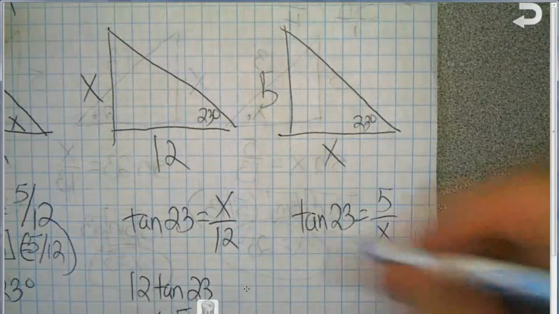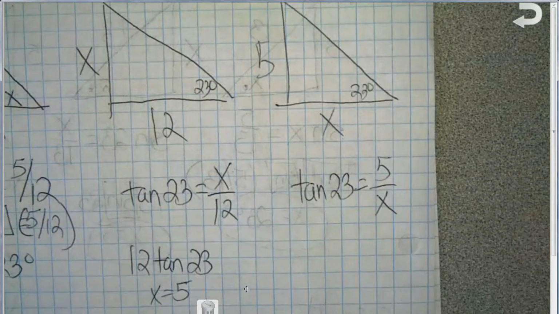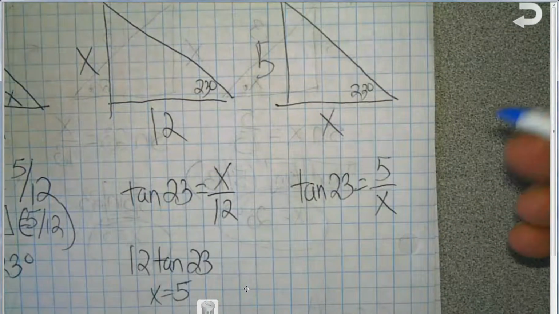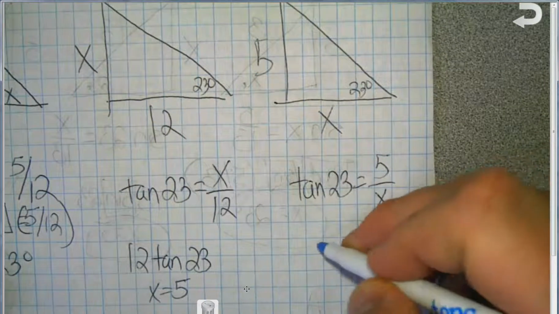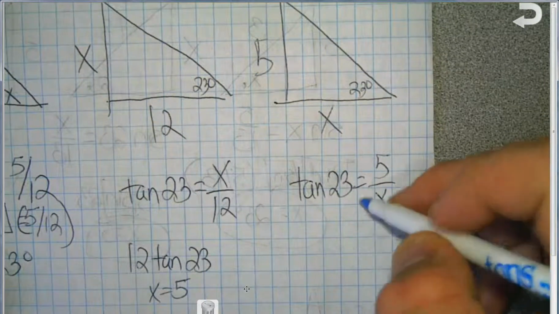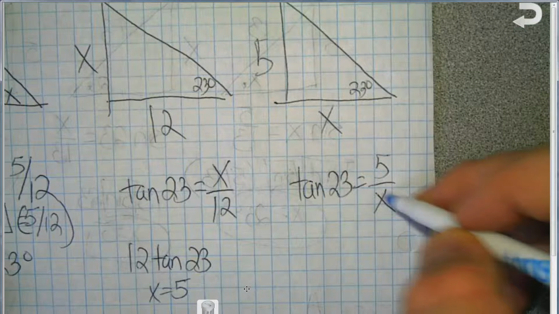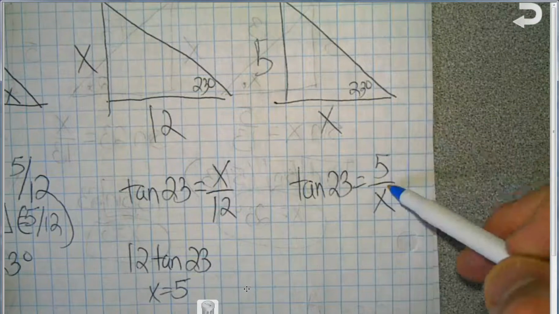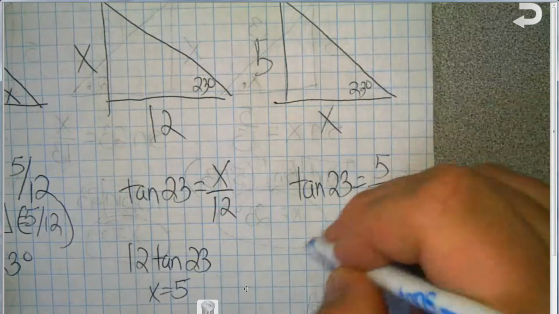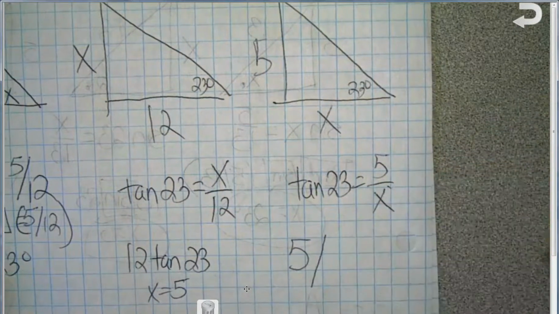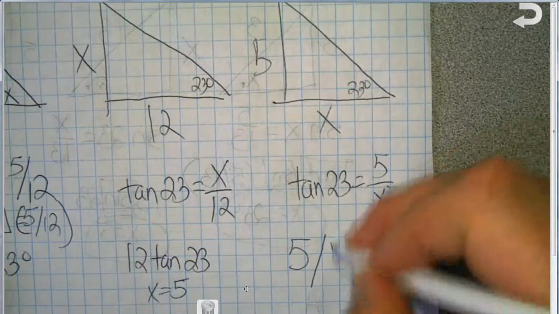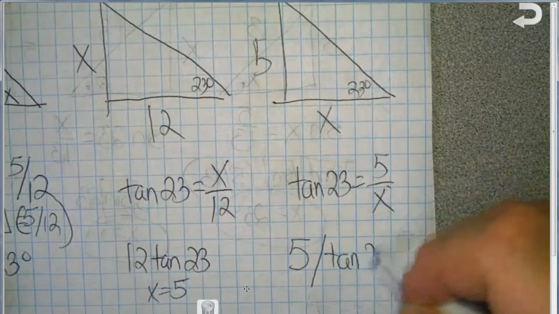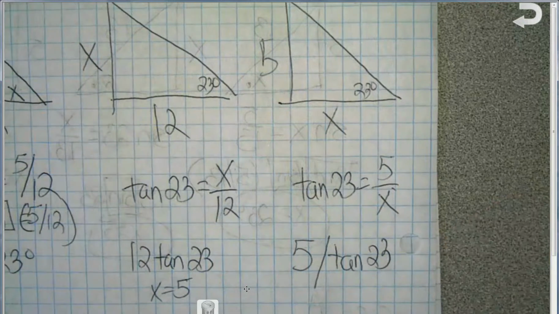So Dakota, how do I solve this? What do I do? You divide. Okay, what am I dividing by what? By x. You move the x over and switch it. Okay, so the 5 is going to come first. 5 divided by what? The tangent of 23. Yep. 5 divided by the tangent of 23.